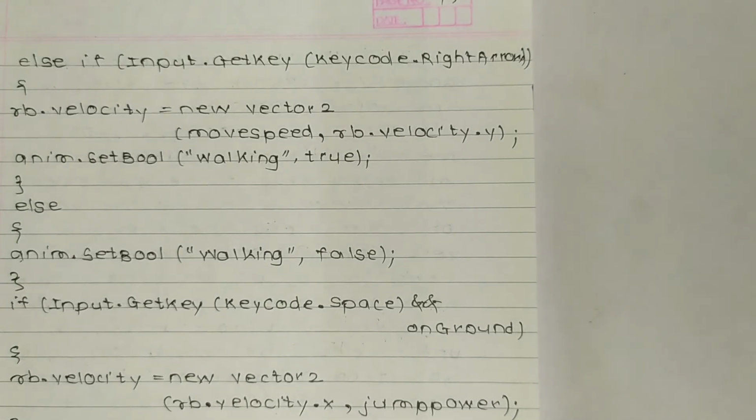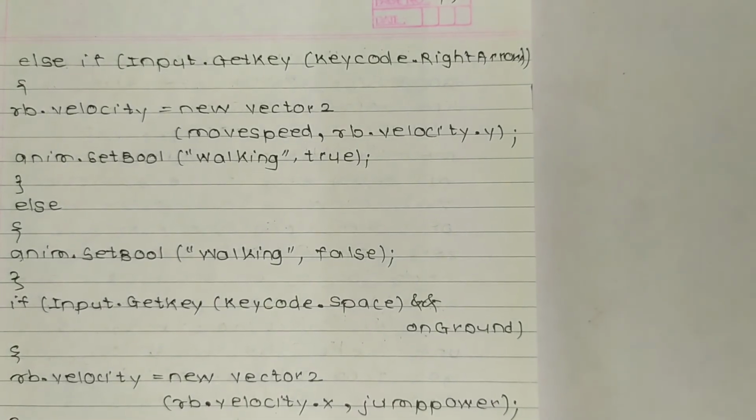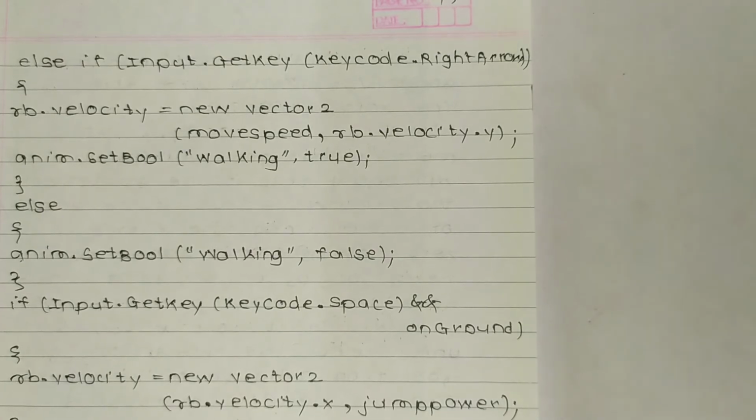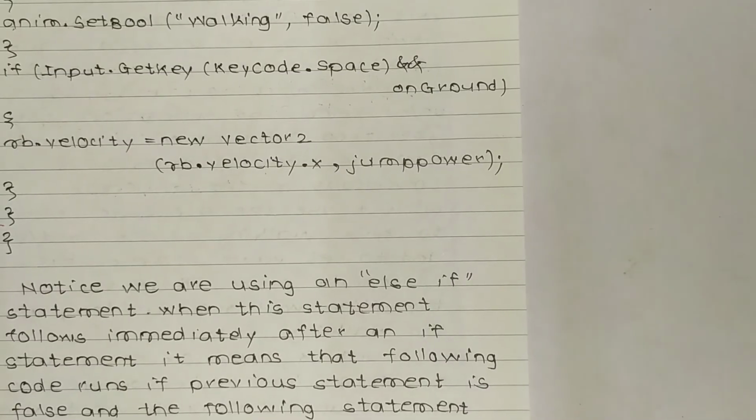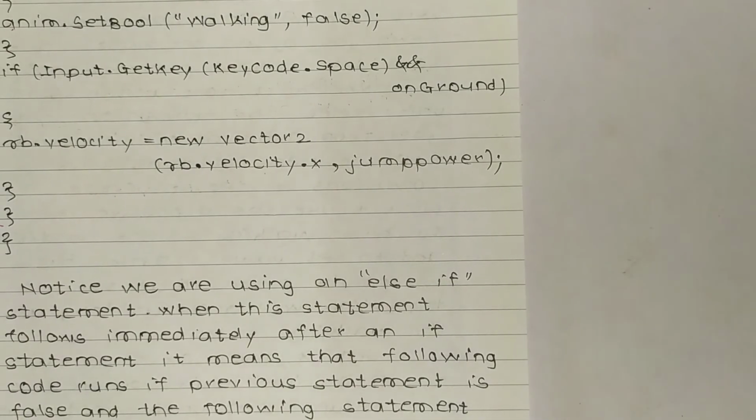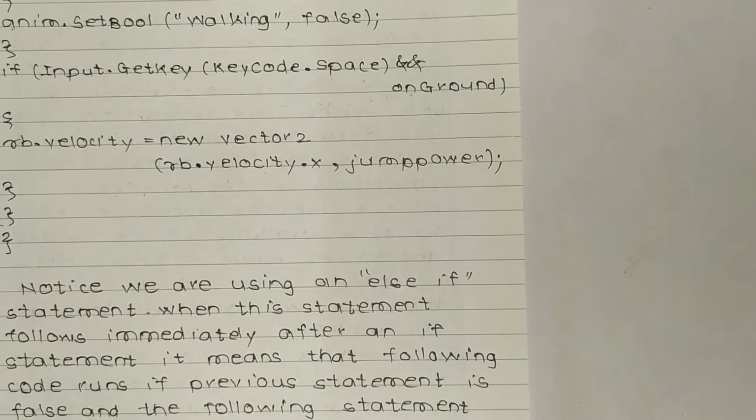Else if Input.GetKey KeyCode.RightArrow, rb.velocity is equal to new Vector2 moveSpeed, rb.velocity.y, anim.SetBool walking true, else anim.SetBool walking false. If Input.GetKey KeyCode.Space and onGround, rb.velocity is equal to new Vector2 rb.velocity.x, jumpPower.